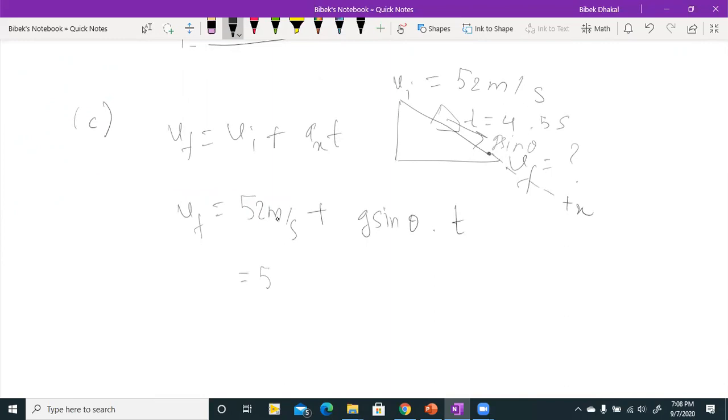That is 52 meters per second plus g, 9.8 meters per second squared, the angle is 65 and the time is 4.5 seconds. So in total, you will get your V_f as 92 meters per second.